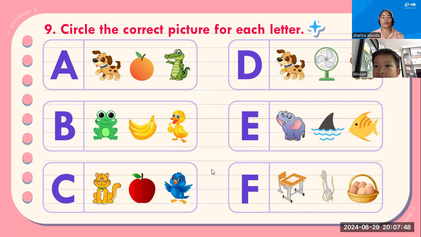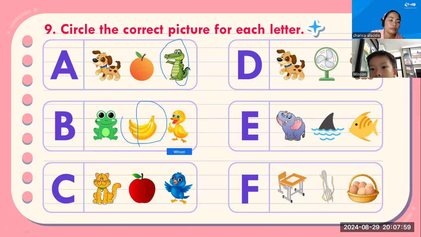Okay, circle the correct picture for each letter. Again, circle the correct picture of each letter. Okay, what is that?